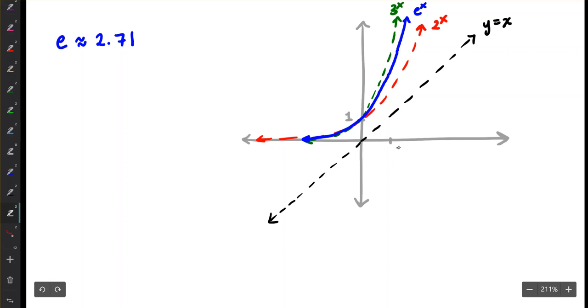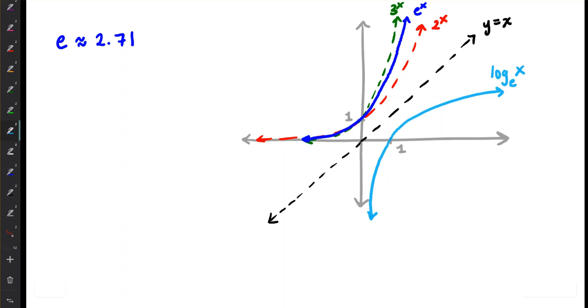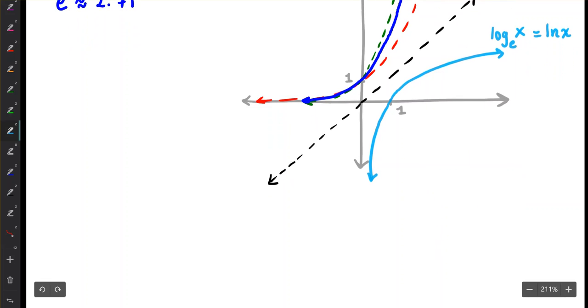Here we are at x is 1, y is 0. This graph is of log base e of x. It's the inverse of e to the x. We have a shorthand notation for that, and it is ln of x.